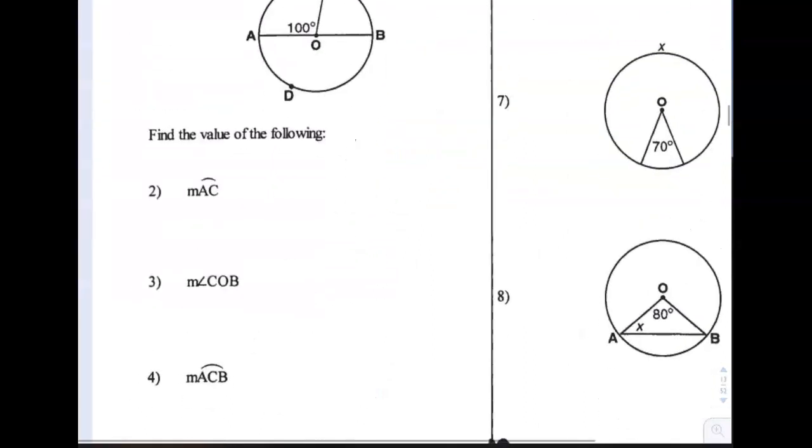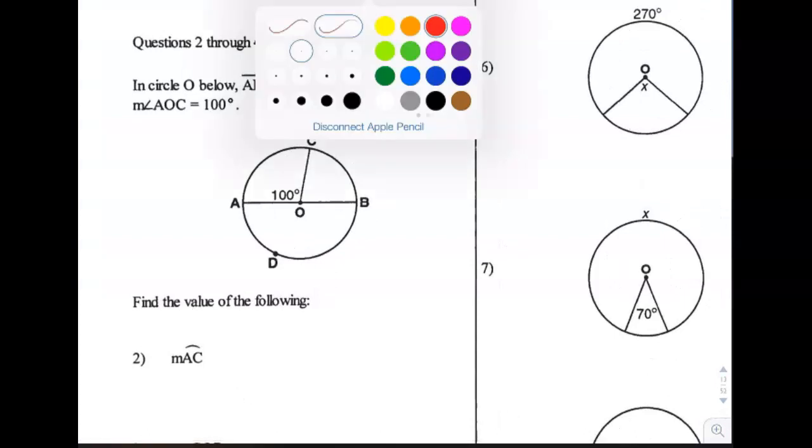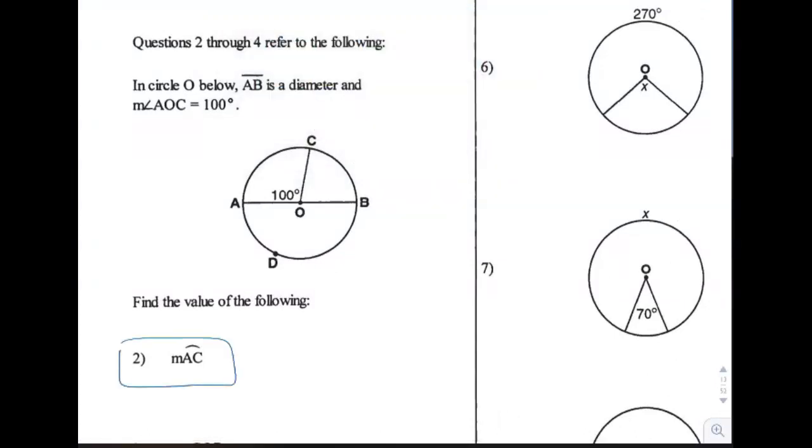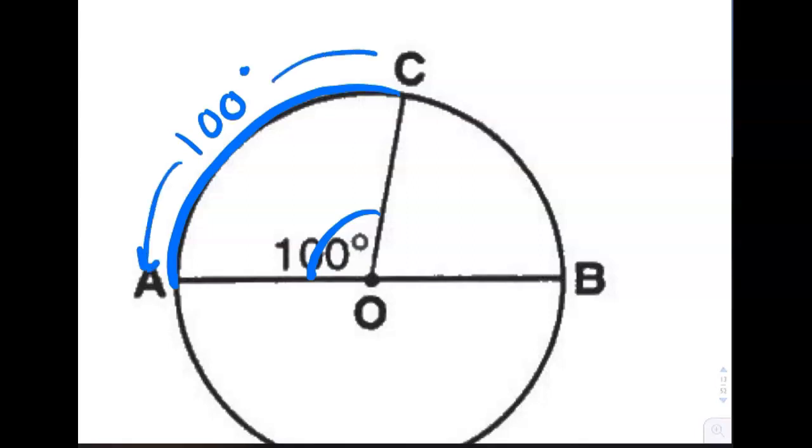Questions 2, 3, and 4 have to do with this picture. Question 2 says, how big is the measure of arc AC? Well, if this is 100, then so is that arc. It's 100 degrees of an arc from here to there, because this angle was 100.